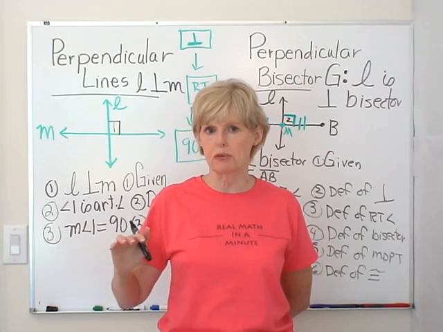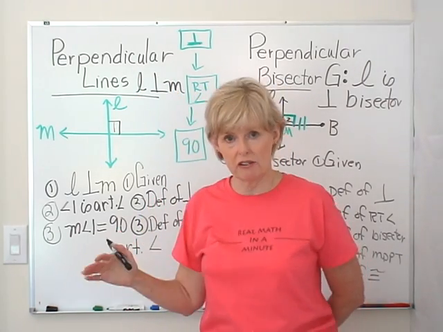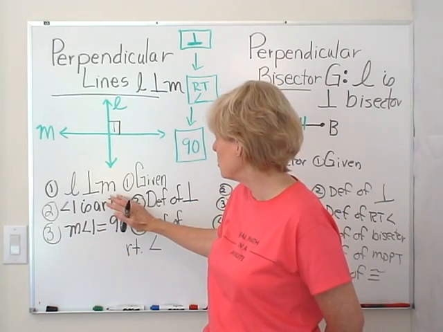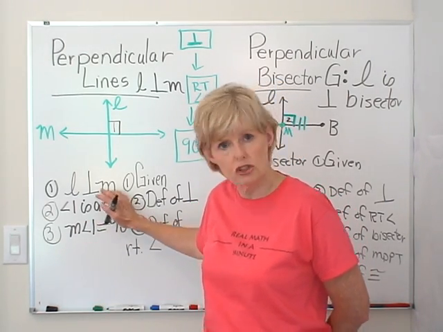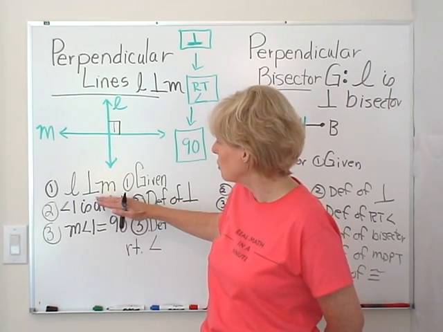You really want to be precise. And so perpendicular lines, by definition, say that you have right angles. So that's what you have to say next. You don't want to jump over that and say that you've got 90-degree angles. You want to go in order.